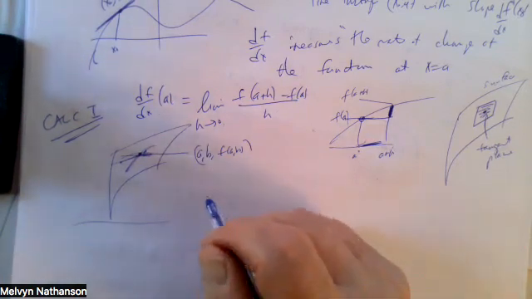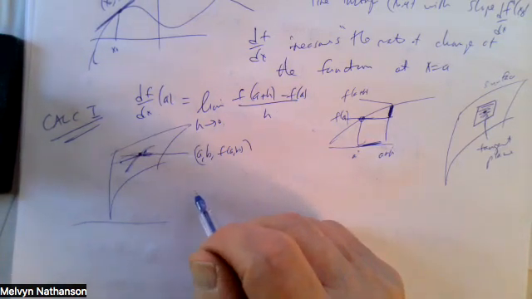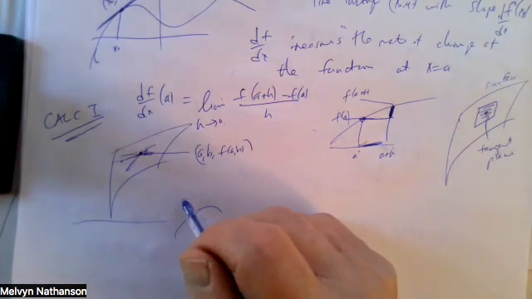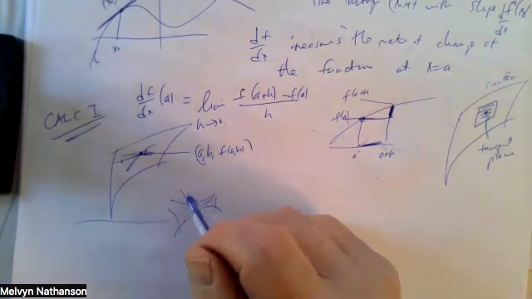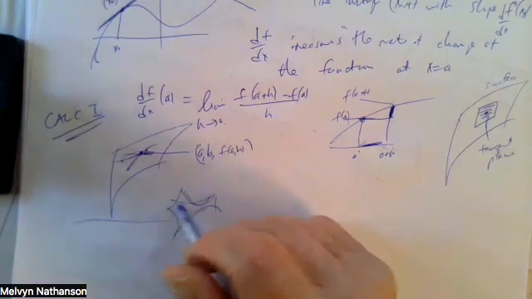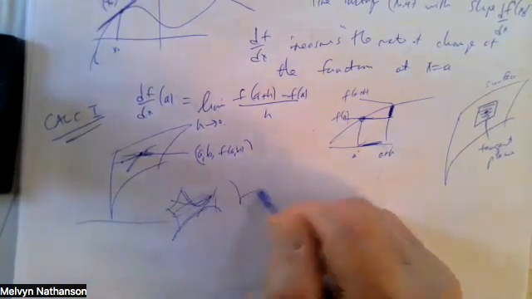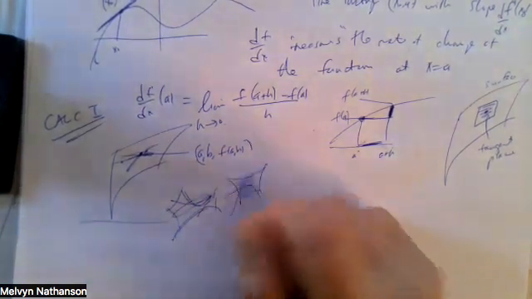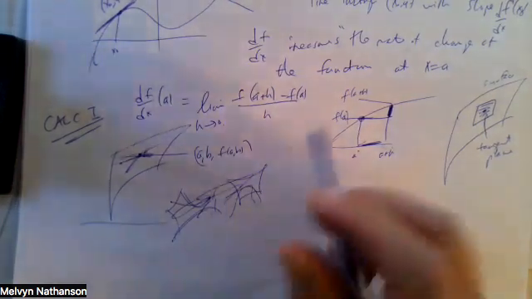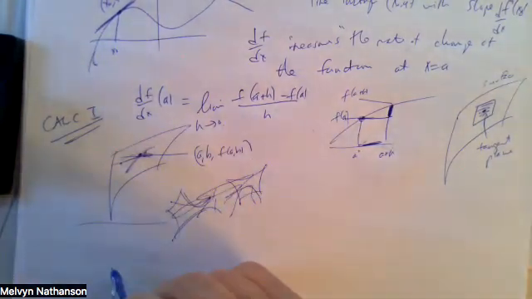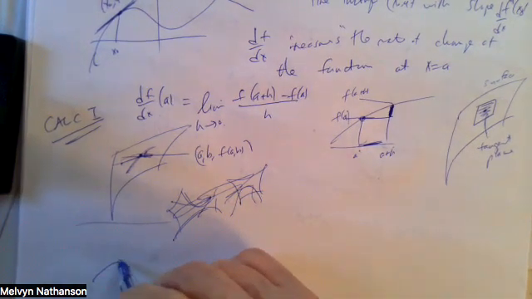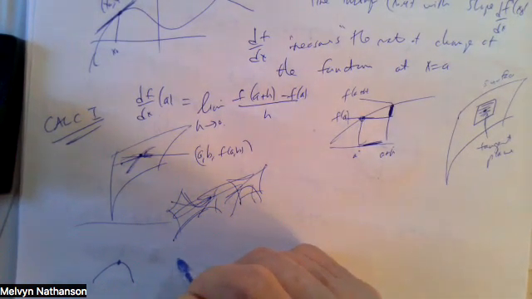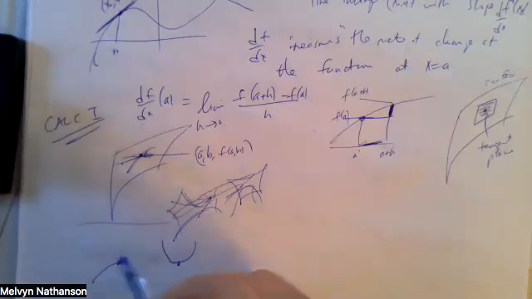Because you can have surfaces which look like saddle points, and it's completely beyond me to be able to draw a saddle. I can't draw a saddle, but at a saddle point, in one direction, the curve looks like this through this point, and in another direction, the curve looks like that through the point.